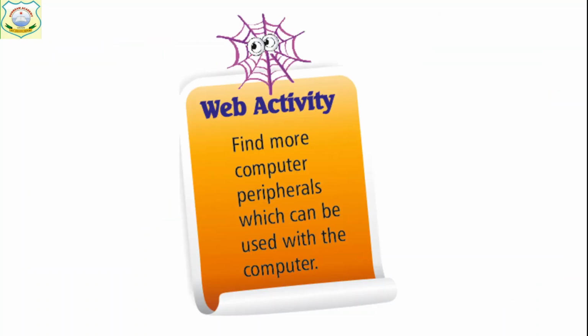Okay, now next, find more computer peripherals which can be used with the computer. This is one activity for you. Find more and more computer peripherals which can be used with the computer and make a list of at least 15 to 20. You should write in your rough copy.